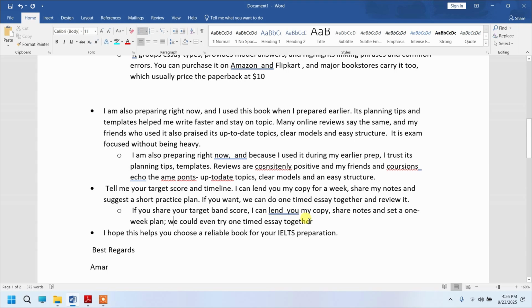So this is now a compound complex sentence. Okay. Now the final one. Well, this is going to be simple. I hope this helps you choose a reliable book for your IELTS preparation. That's all. It is okay. I don't want to change it.